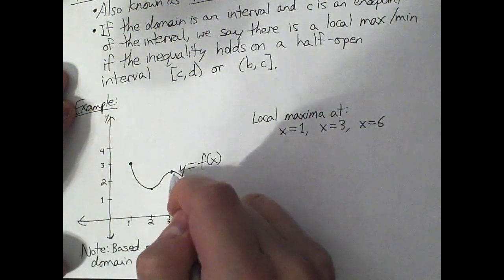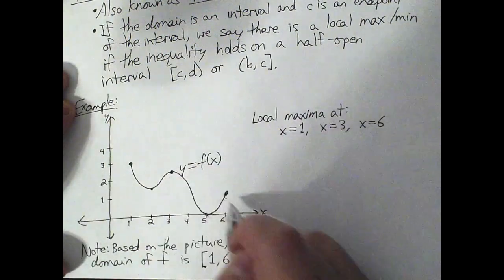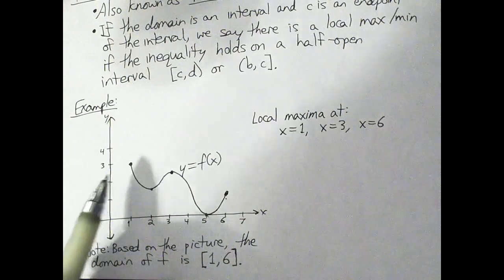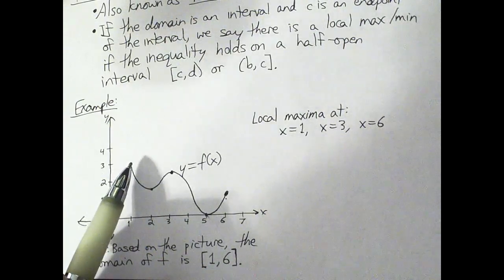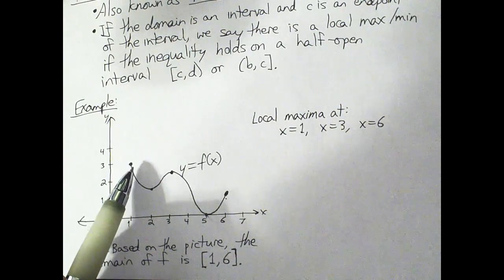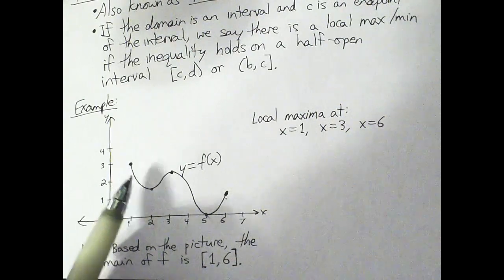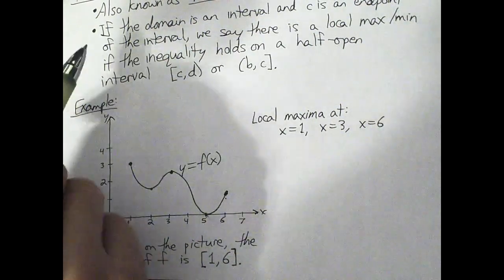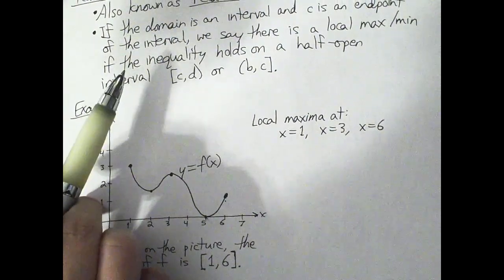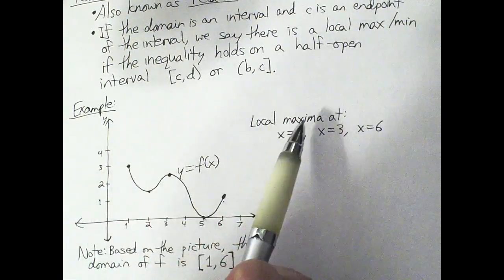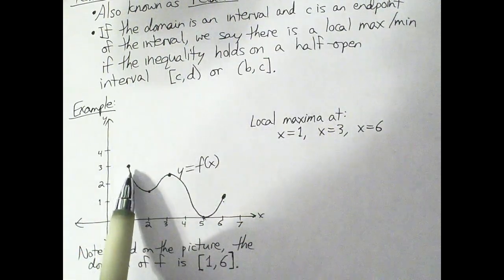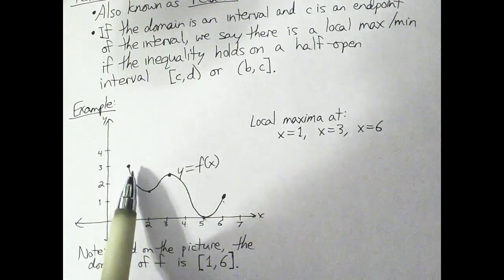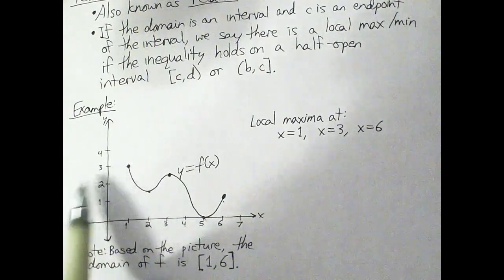Look at the curve at all three of those x values. Let's just start. At x equals 1, the function is greater than or equal to its surrounding values. And this is actually using that last remark I made. The domain is an interval, and 1 is an endpoint of the interval, so I only really had to consider the inequality in this direction, because there's nothing to the left of it to consider.